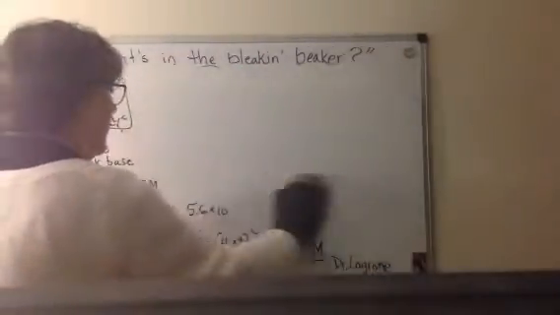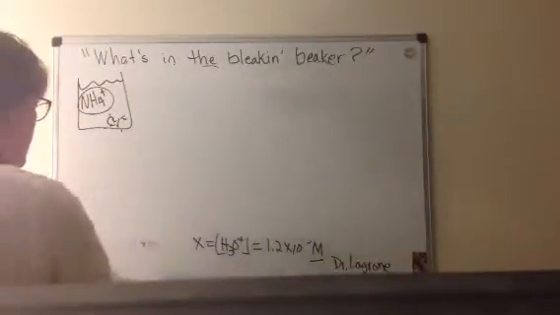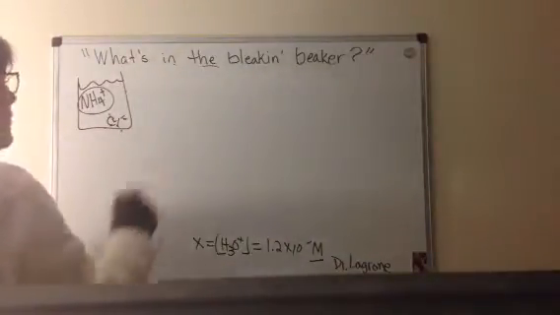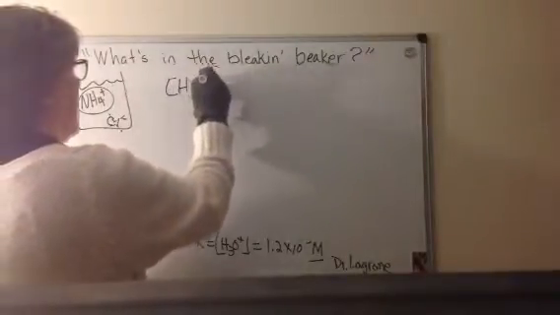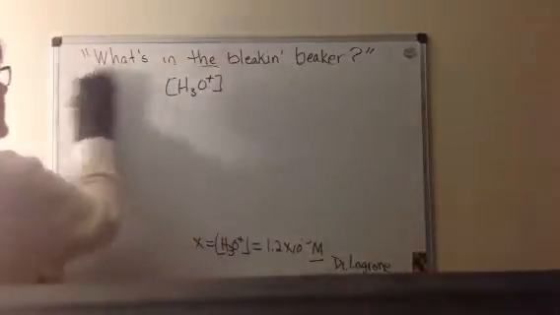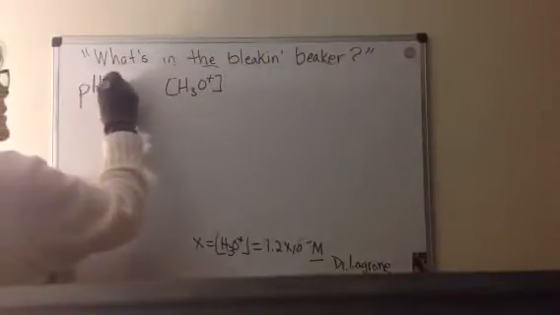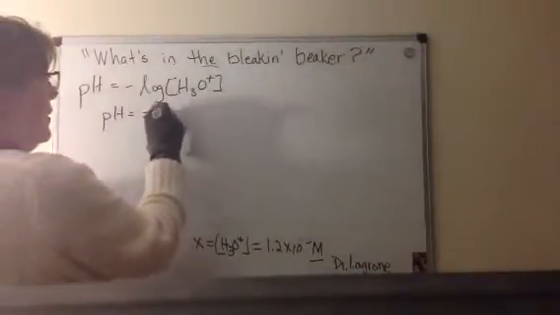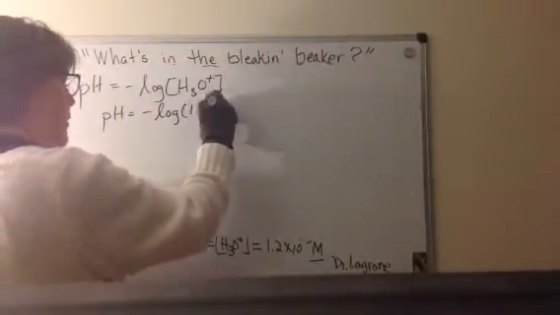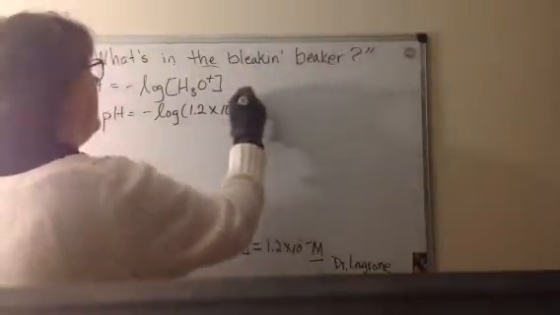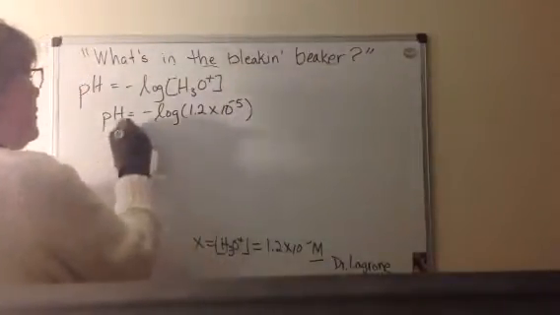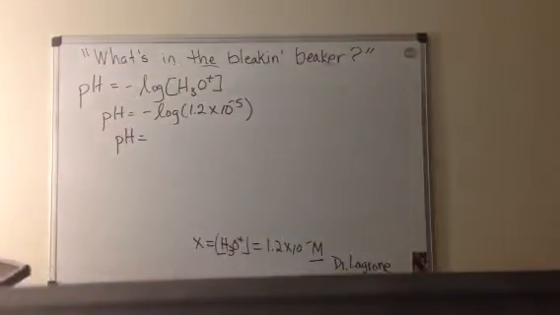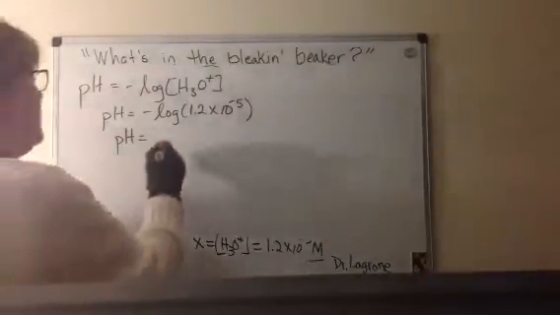And so we can do that. Concentration of hydronium ion, pH is the negative log of 1.2 times 10 to the negative 5, I believe it was. pH is unitless, so negative log of 1.2 times 10 to the negative 5 is 4.92.